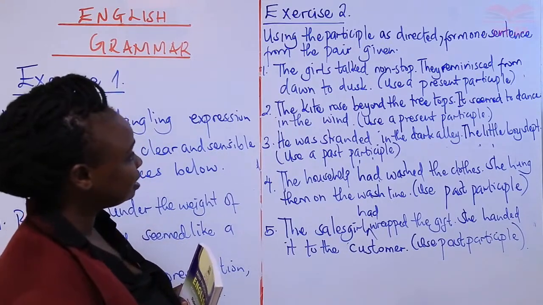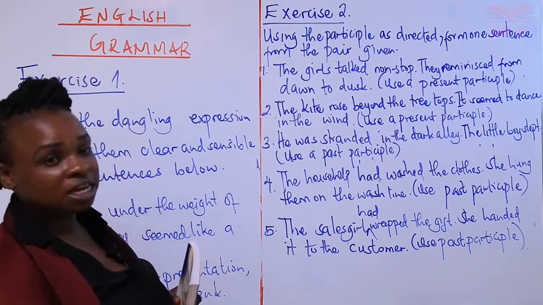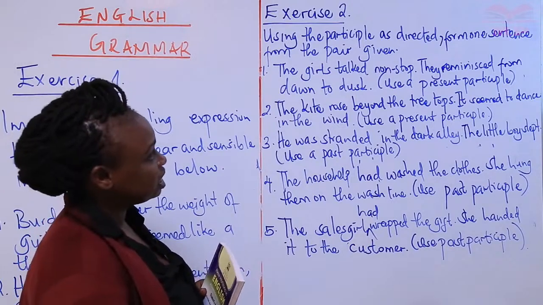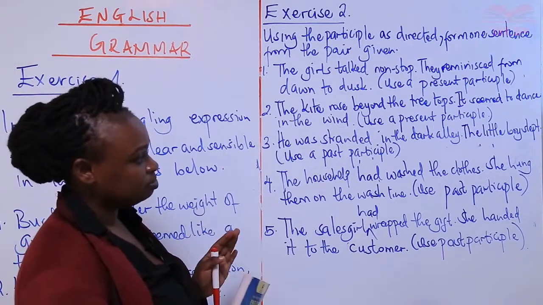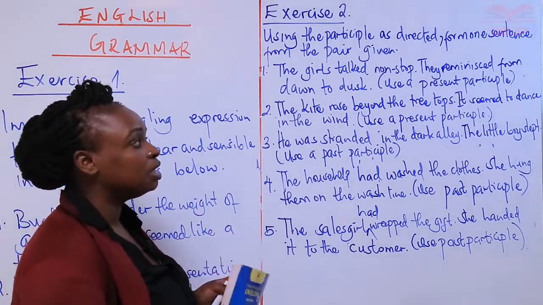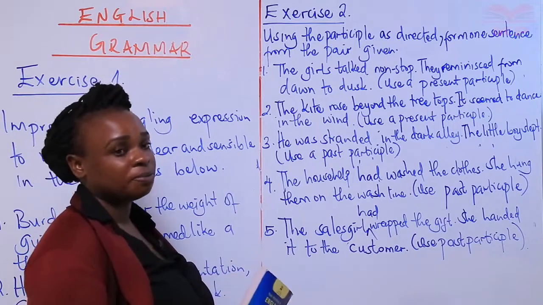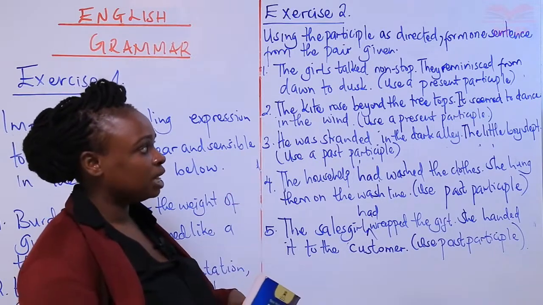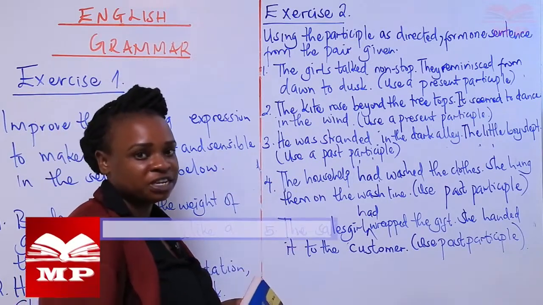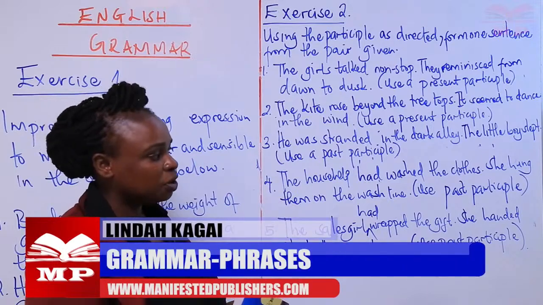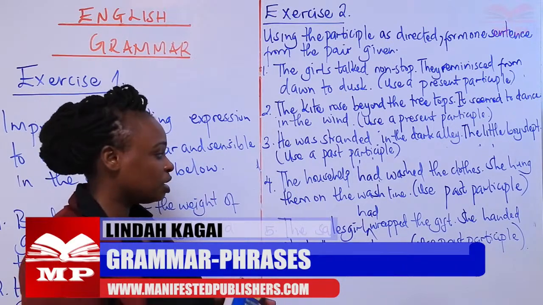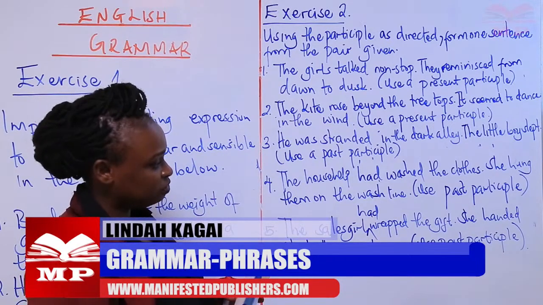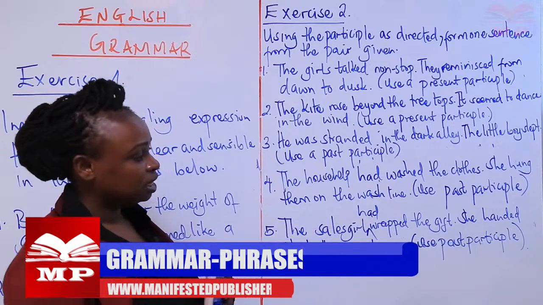So in all the sentences, you will follow the instructions given in the brackets, ensuring that you combine the two sentences by making one a participle phrase. Now it will either depend on what has been mentioned in the brackets. If it is present, combine it by making one a present participle phrase, and maybe if it is past, combine it by making one a participle phrase. Now we have come to the end of the lesson. Next time we're going to look at something else.